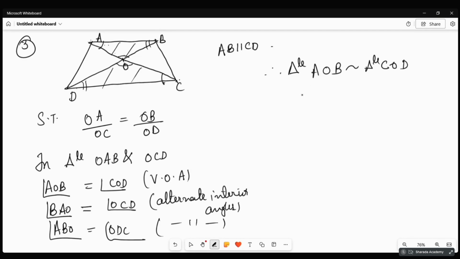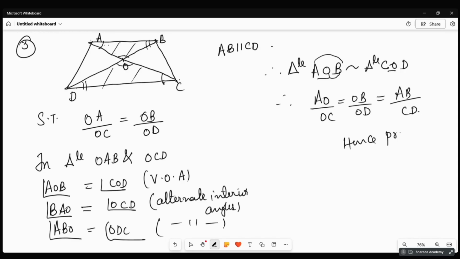Now from this I can say therefore AO by OC is equal to OB by OD. And that is also equal to AB by CD. Hence, proved. Understood, no, everyone?